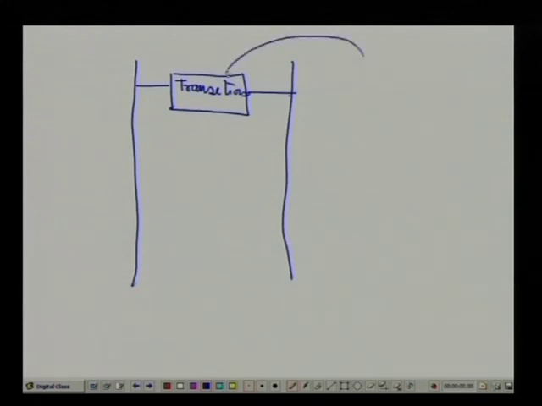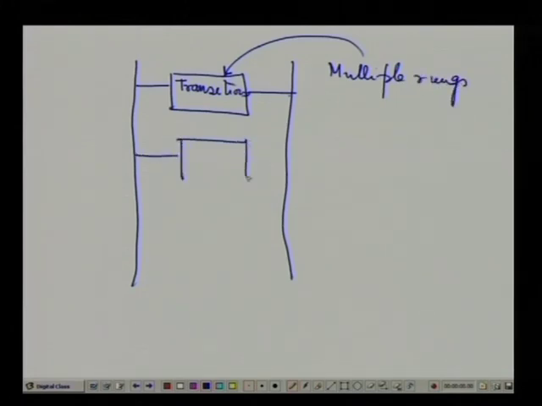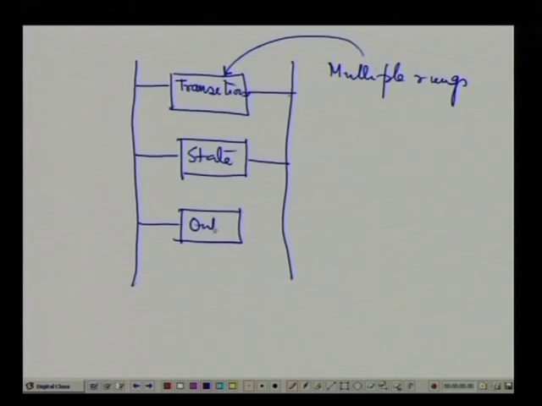This is multiple rungs. Then the state block, and finally the output block. So, we will now describe these 3 blocks in the case of this example.